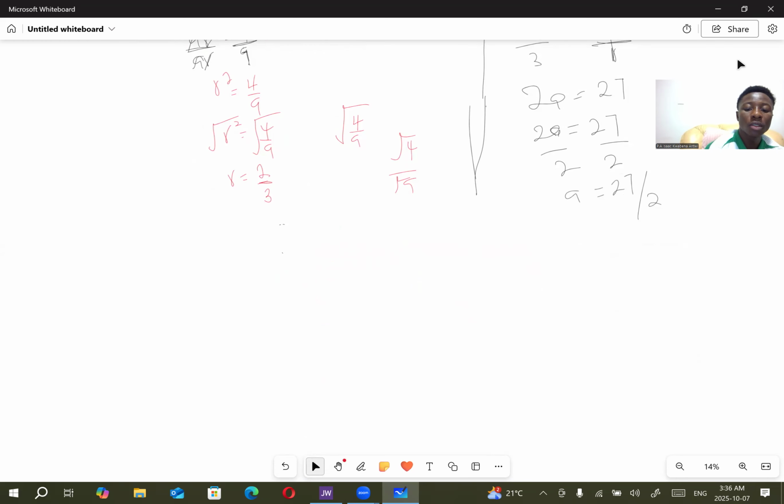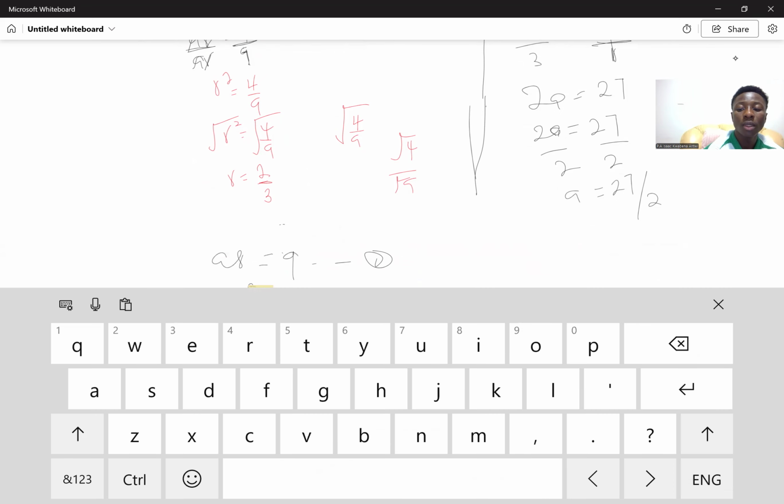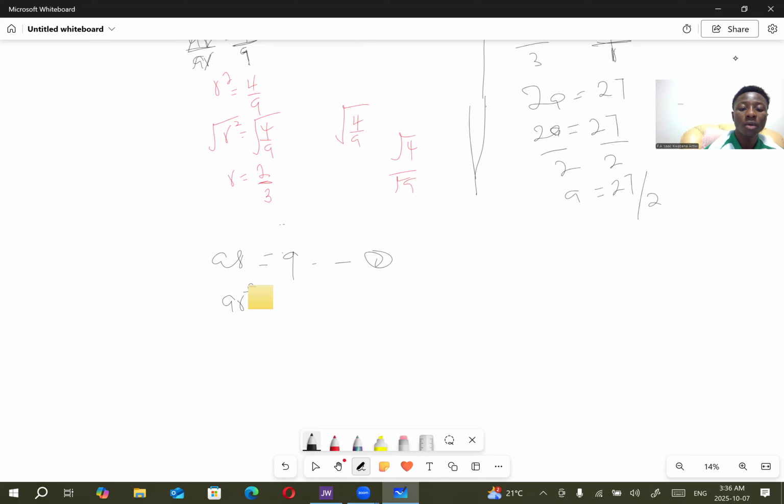So the equations are AR is equal to 9, right? Then the next one is AR exponent 3 is equal to 4.